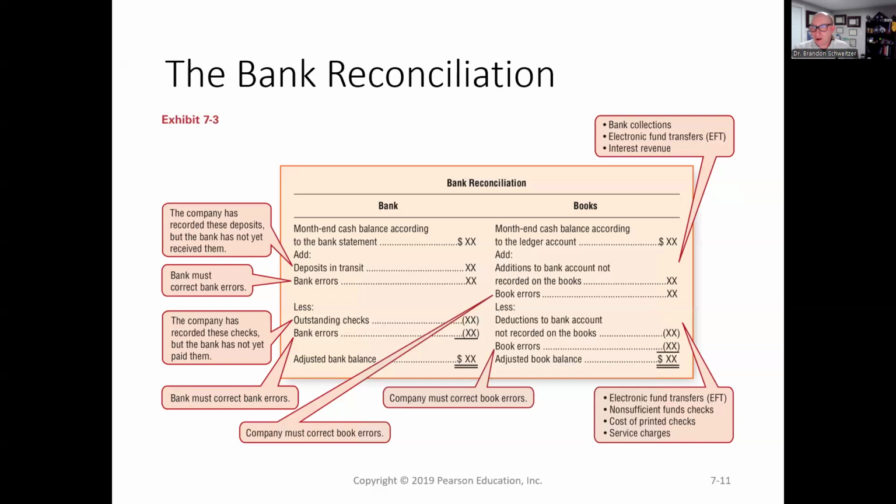If there are other expenses for whatever reason, like electronic fund transfer expense, service charges, etc., we would debit the expense and credit cash. And so at the end of the day, we need to make sure that our bank balance matches what's in our accounting information system for cash. That's the whole process behind a bank reconciliation.